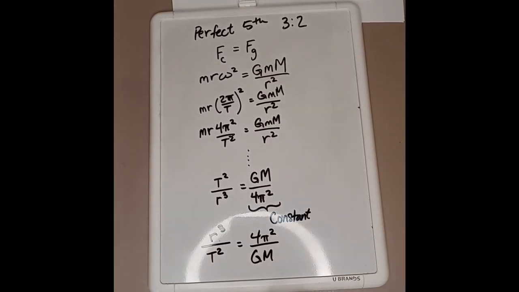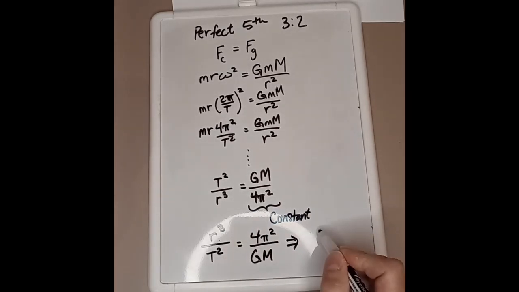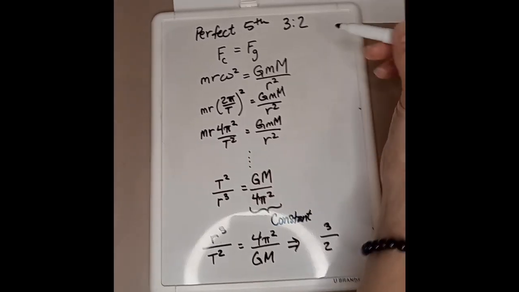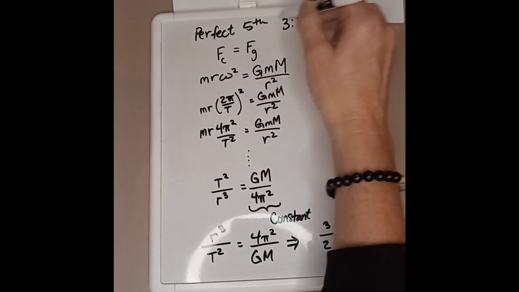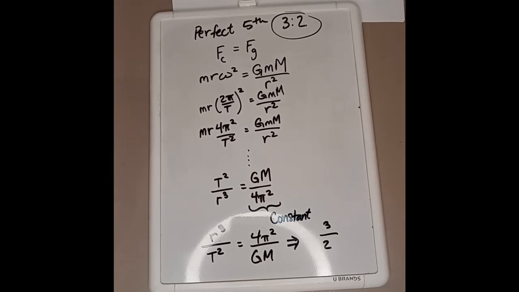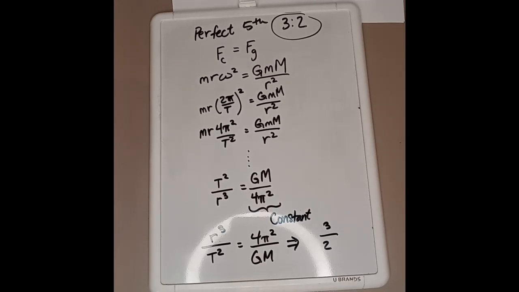Okay, so here we have this ratio again of 3 to 2, which comes back to our perfect fifth, the ratio of 3 to 2. So when Kepler discovered this, it just confirmed to him that the planets indeed have music, if they all have this 3 to 2 ratio, which is a perfect harmony.